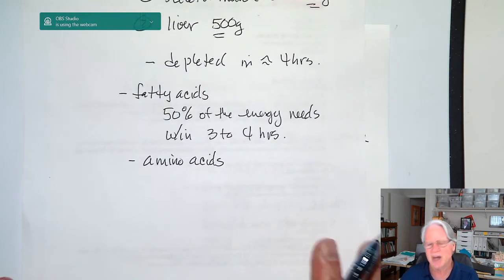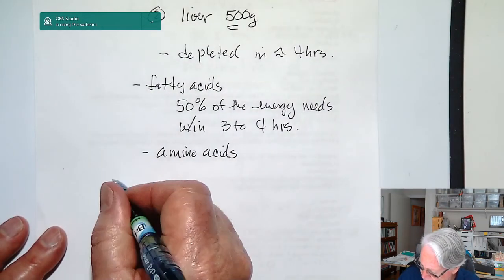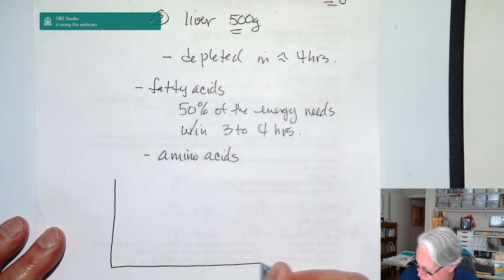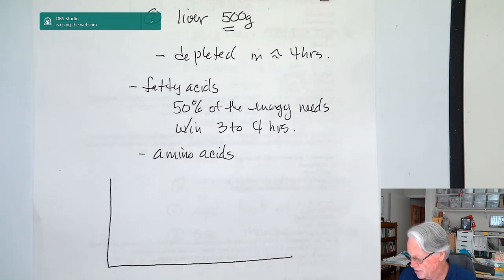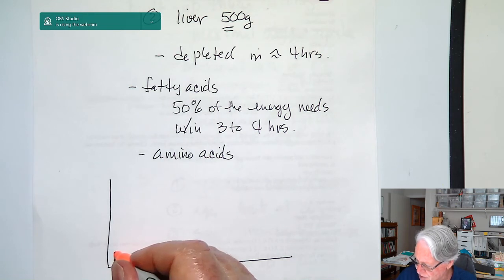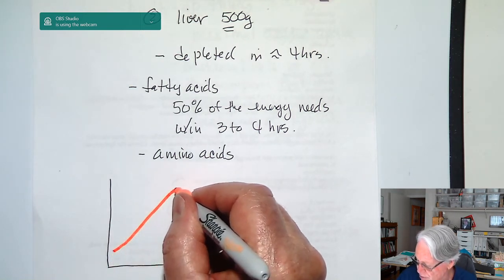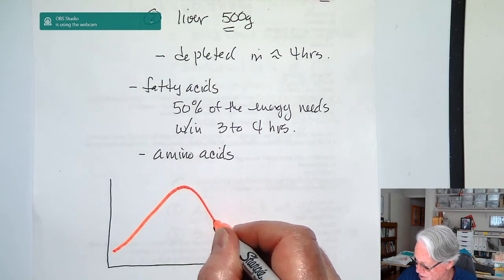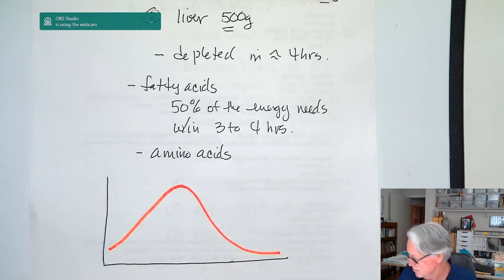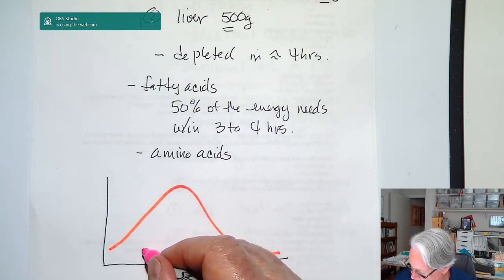And so if you are graphing the use of energy over time, what you would see in your system is this would represent the demand for glucose in the body. You would reach a maximum and then you start exhausting it. And this would represent the demand for fatty acids.